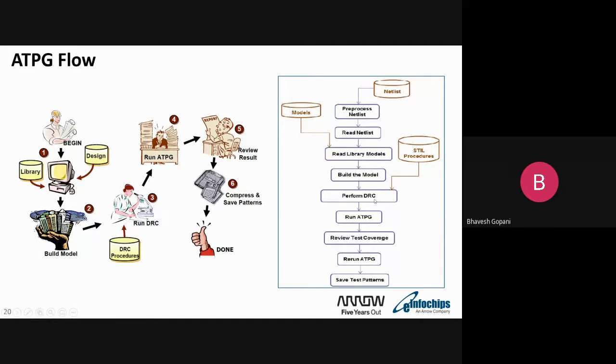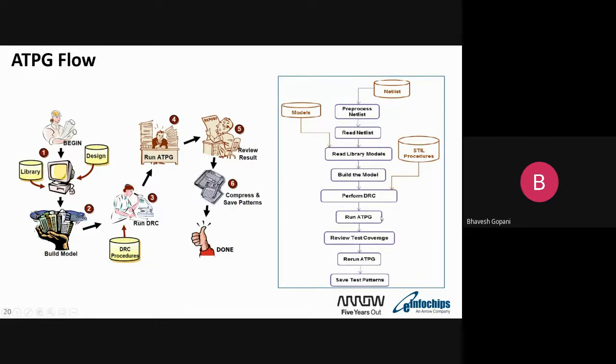I need to put certain commands for the stuck-at, and then start the pattern generation for stuck-at. If I want to do TDF, again I need to do the same steps, change certain things in the scripts, and start for the TDF. So this is the flow for ATPG.